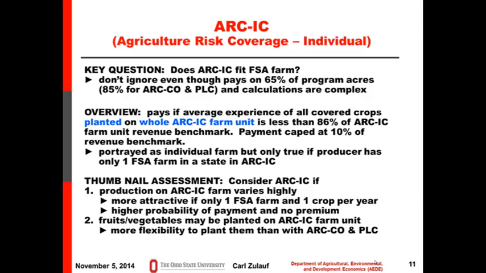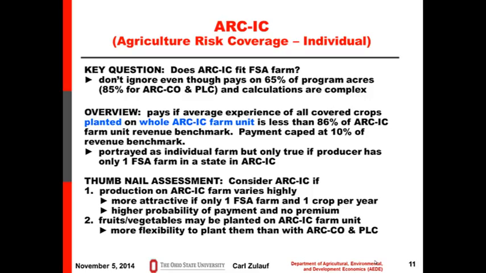Again, I want to stress that there are some very big questions that you need to consider. Those 4 questions that we talked about earlier. Does ARC-IC fit your FSA farm? Is SCO a cost-competitive insurance product compared to higher individual insurance? Do I want to weight the more well-known 2014 payment higher than that which is uncertain with regard to 2015 through 2018?